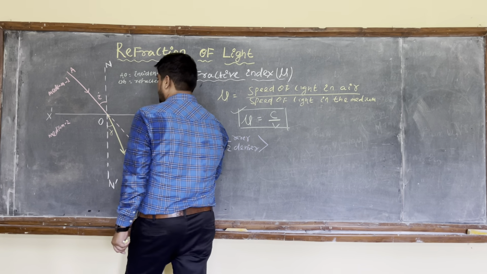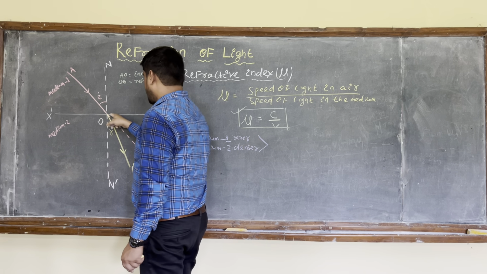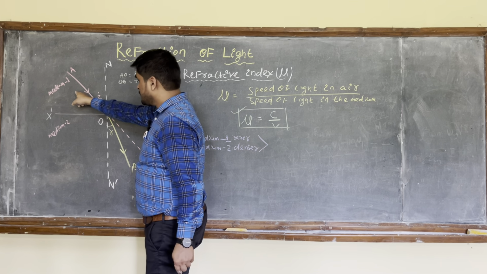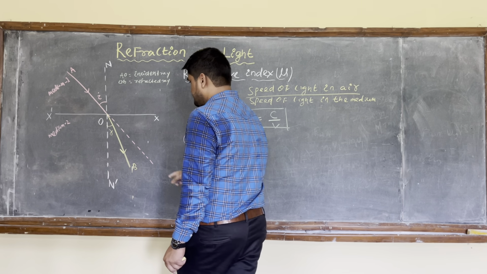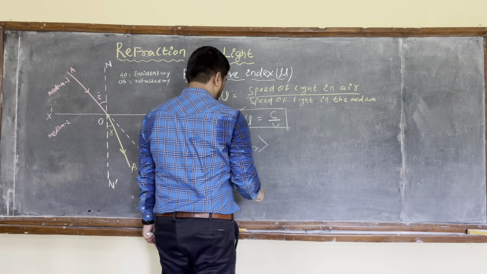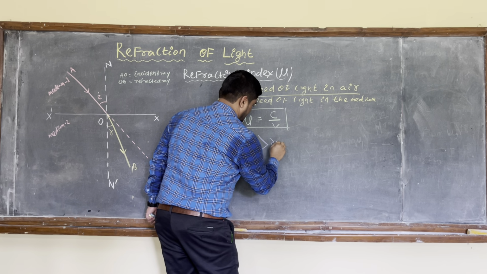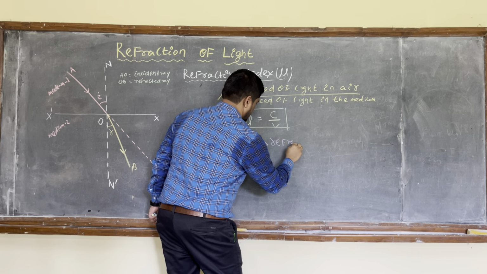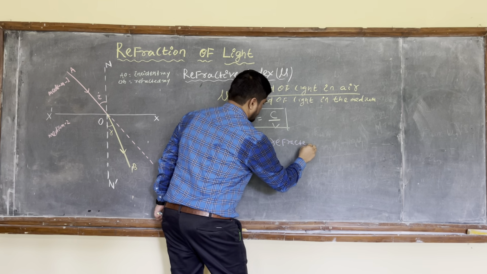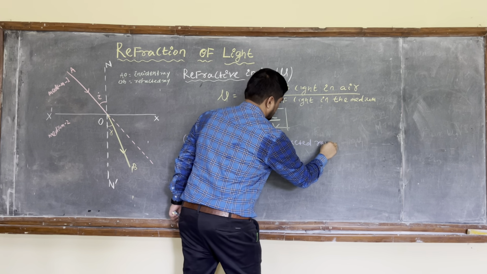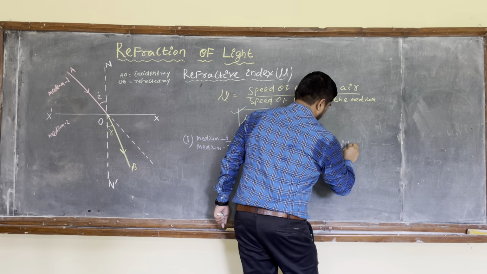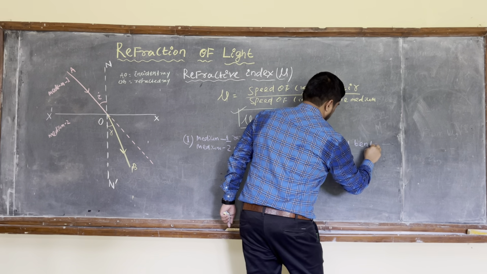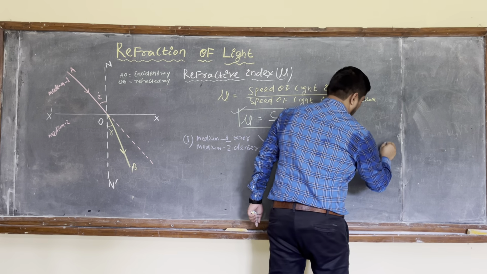That means the ray of light travels from a rarer medium to a denser medium. Then what happens to the refracted ray? In that case, the refracted ray will bend towards the normal.